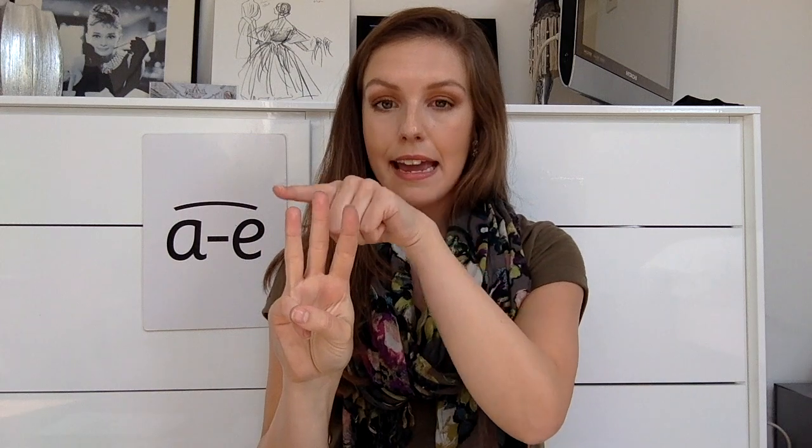Right, let's get our Fred fingers ready and let's count out the sounds that we can hear in cake. Are you ready? K, A, K, cake. Let's try one more time. K, A, K, cake.